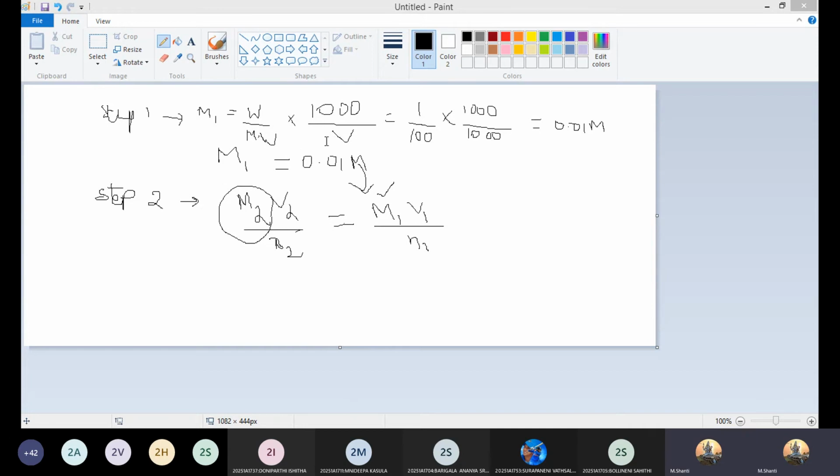Read out the question. 50 ml of above solution requires 30 ml of EDTA on titration. So 50 ml of above solution means what? What is it denoting, either V1 or V2? V1 is the 50 ml and V2 is 30 ml. Okay. So substitute accordingly.